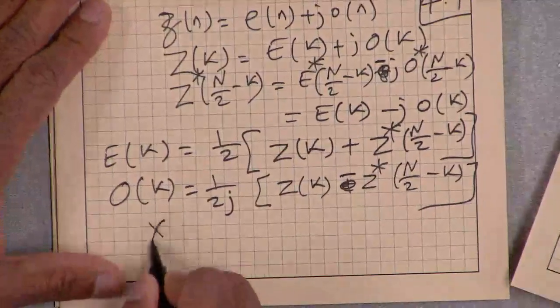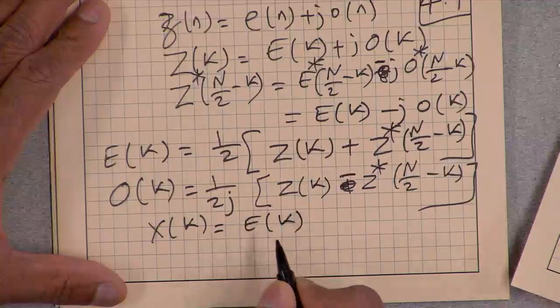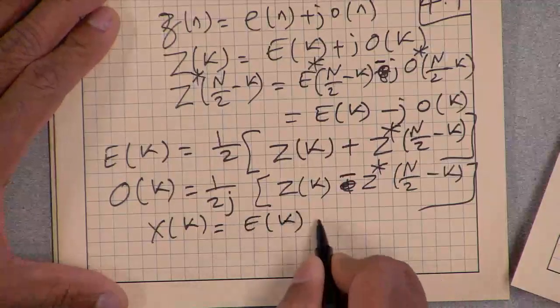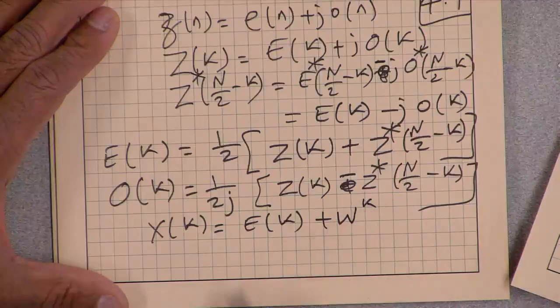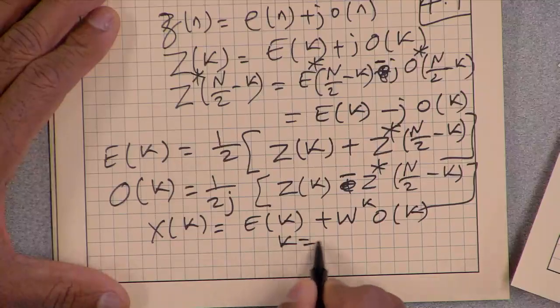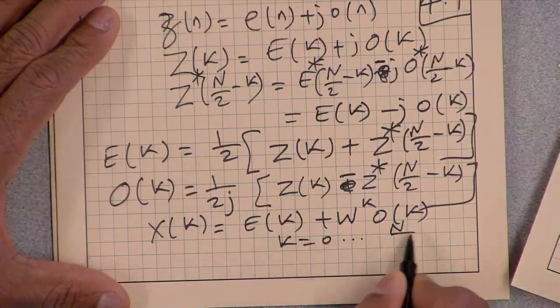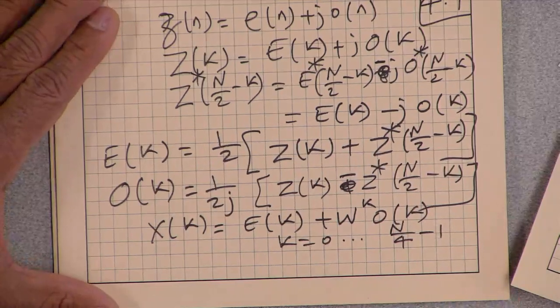So Xk is equal to Ek plus W to the power k Ok for k equal to 0 to n by 4 minus 1.